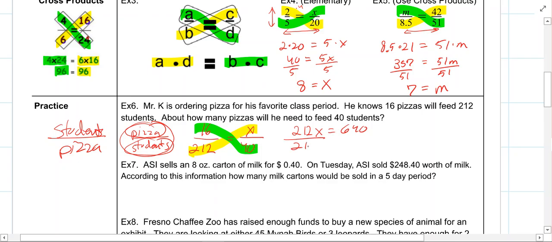I divide both sides by 212, and I get x is 3.01886. Well, can I order 3 pizzas and feed everybody? No. I need to order 4 pizzas, because I need a tiny bit more, don't I? That was unfortunate. All right.